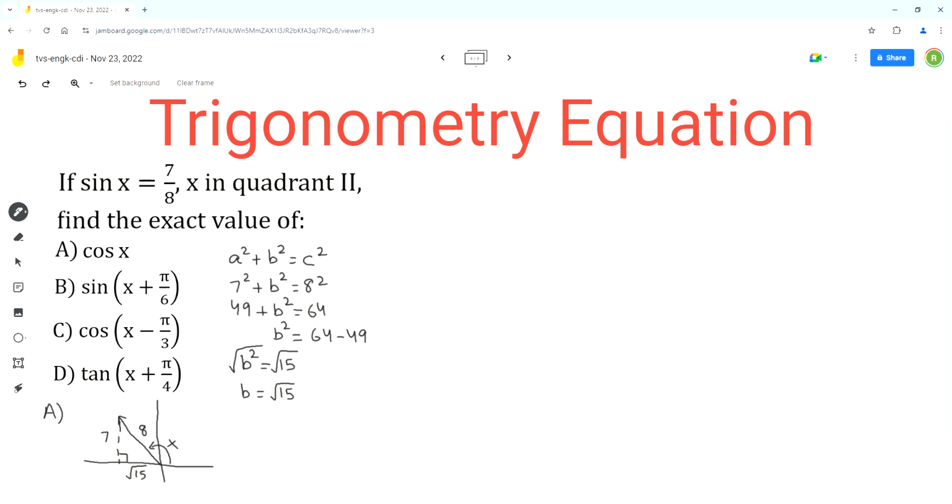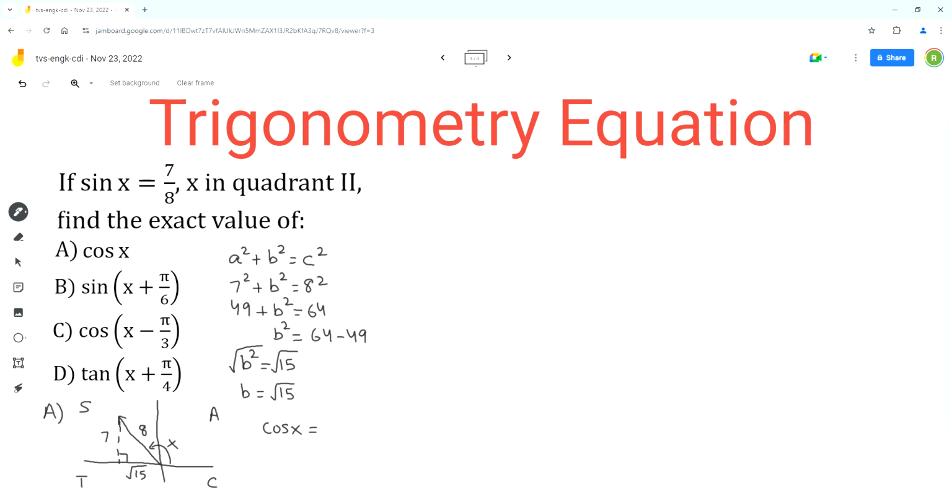We should use CAST rule, also called ASTC rule or all students take calculus rule, to find the sign of the trigonometry functions in quadrant 2. As per this rule, sine is positive in quadrant 2 and cos and tan are negative. In part A, we have to find cos of x. The formula for cos is adjacent over hypotenuse.